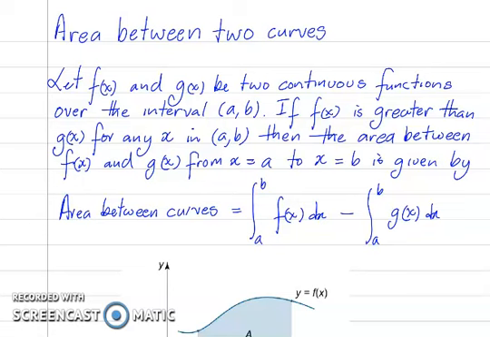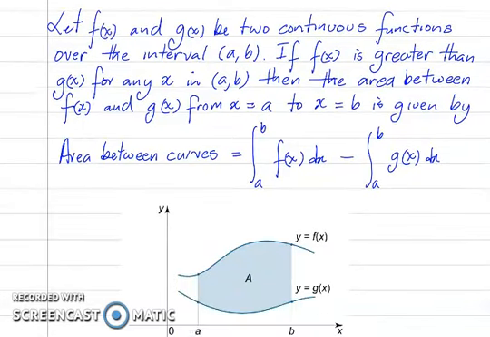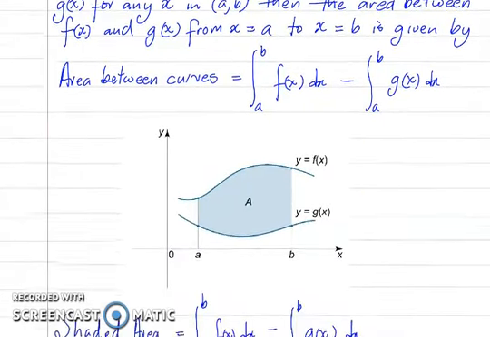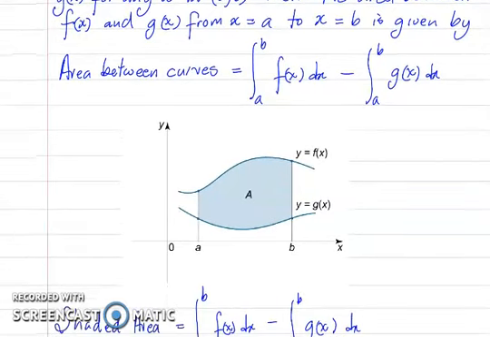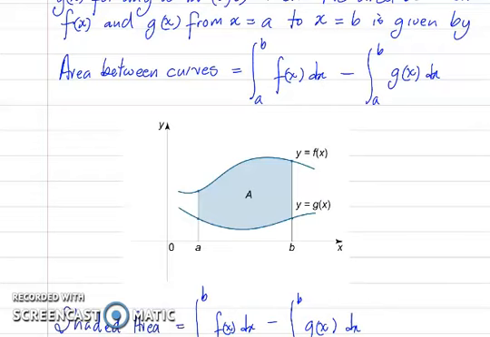with respect to x. All right, so the diagram below is an illustration of an example of the area between two curves. Both curves are continuous over the region from x is equal to a, to x is equal to b.